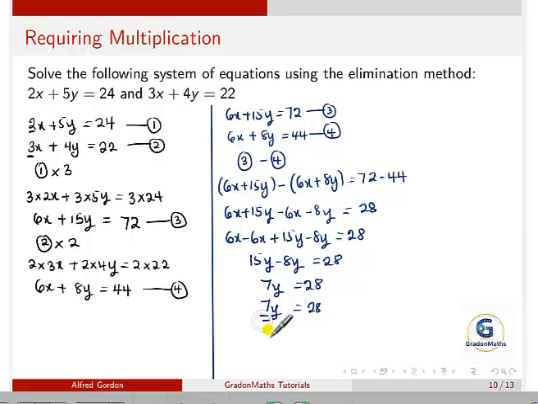We divide both sides by 7, and this gives us 1, and then y is equal to 28 divided by 7, which gives us 4.